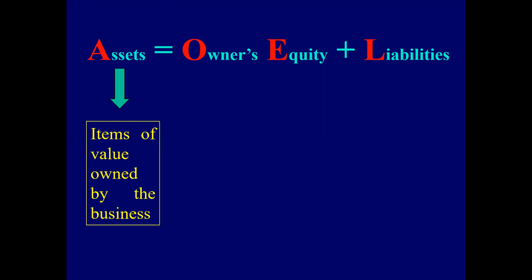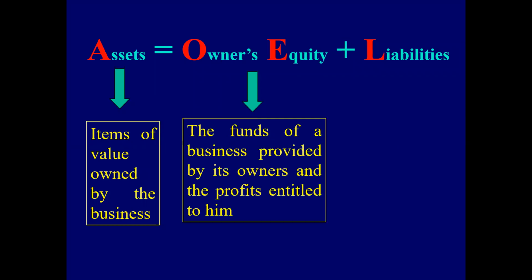Asset: items of value owned by the business. Owner's equity: the fund of the business. Fund means what you get from somewhere. The funds of a business are provided by its owner, along with the profit entitled to him.